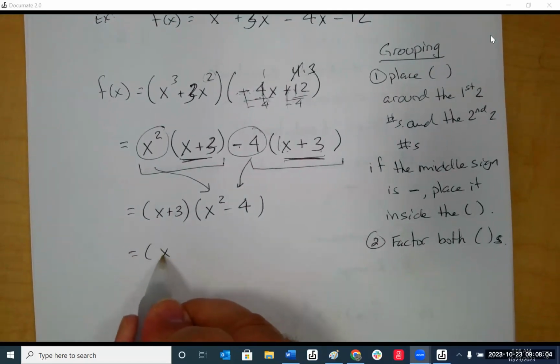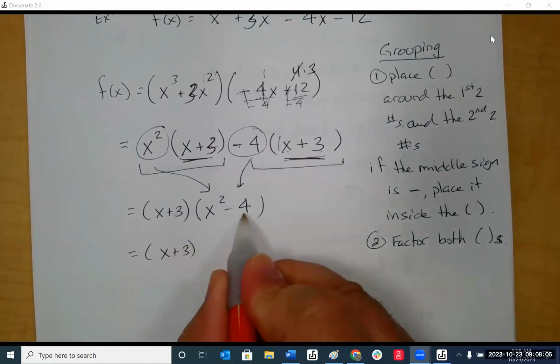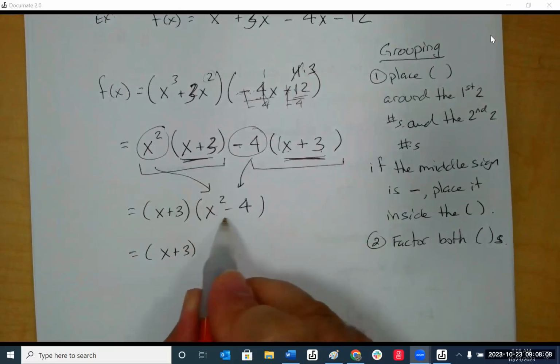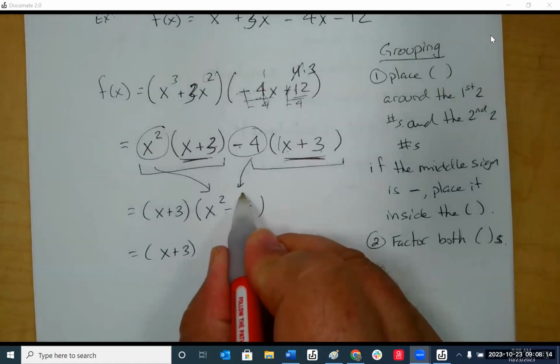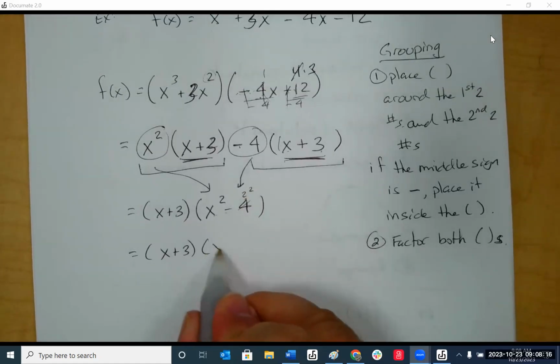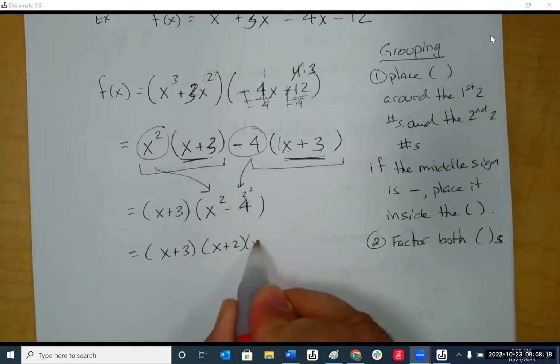Now we're not done yet because this one is a difference of 2 squares. X squared minus 2 squared. So it makes it x plus 2, x minus 2.